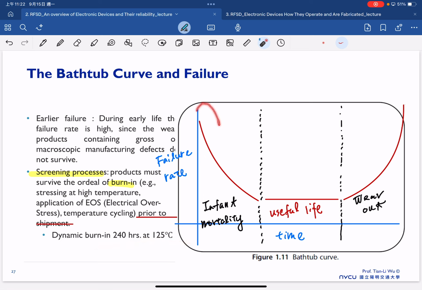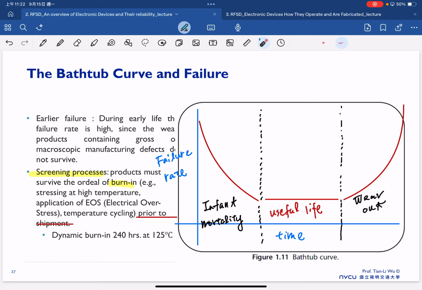In this phase, we have a high failure rate due to defects, contamination, or process issues, so we have a screening process that helps us remove this high failure rate product and finally find the very low failure rate product, and then we can start to ship to our customers. This process is what we call screening, and the test here is usually called burn-in.